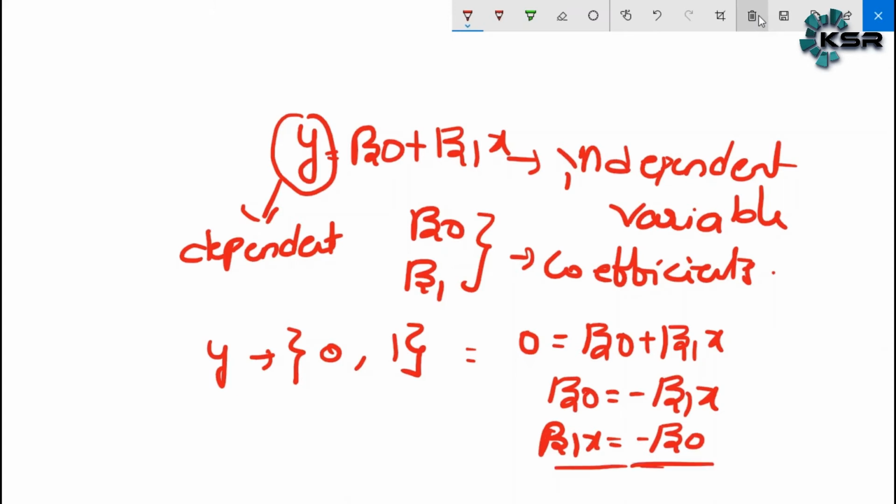As we discussed the definition of beta 1 and beta naught, beta 1 means on average how much a 1 unit change of your independent variable impacts your dependent variable, am I right?